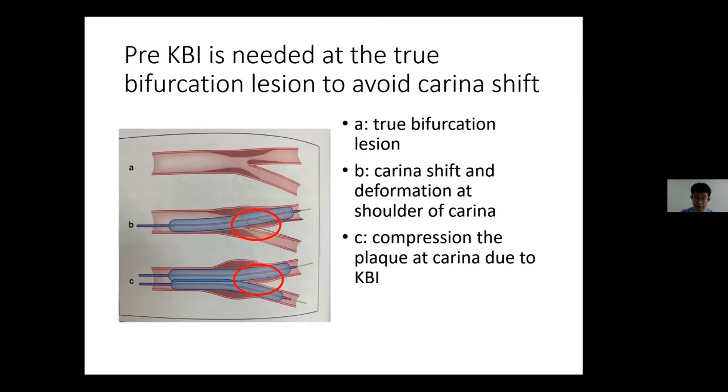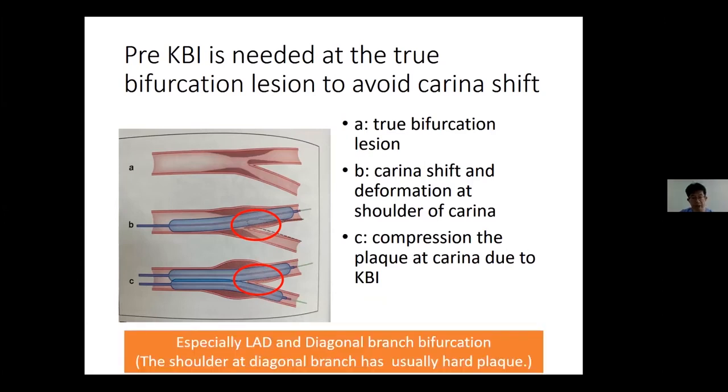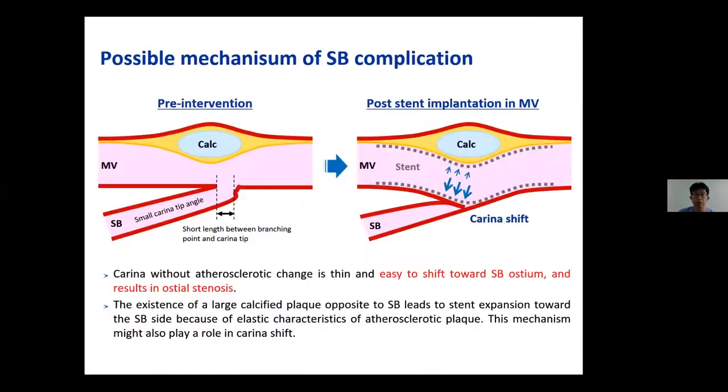It's very important, especially in LAD and diagonal branch bifurcation. In some cases, the shoulder at the diagonal branch usually has a plaque. So the possible mechanisms of side branch compression, especially if there is calcification at the position opposite the side branch.